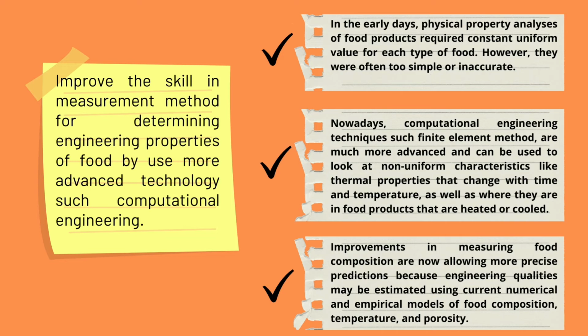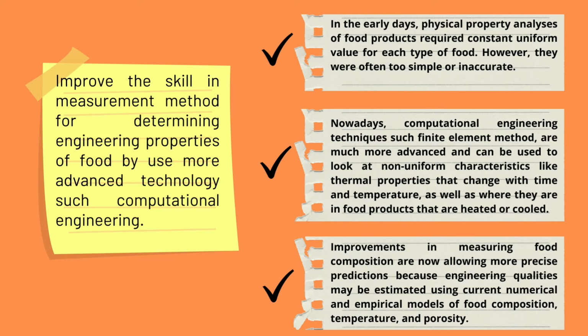Nowadays, computational engineering techniques such as the finite element method are much more advanced and can be used to look at non-uniform characteristics like thermal properties that change with time and temperature, as well as where they are in food products that are heated or cooled.